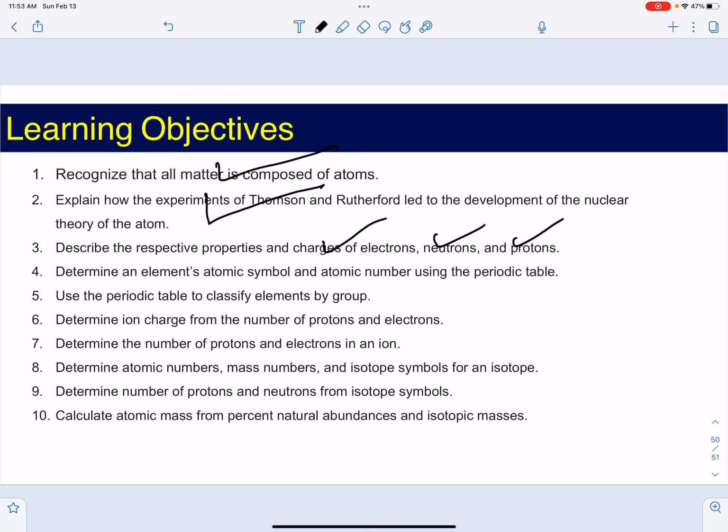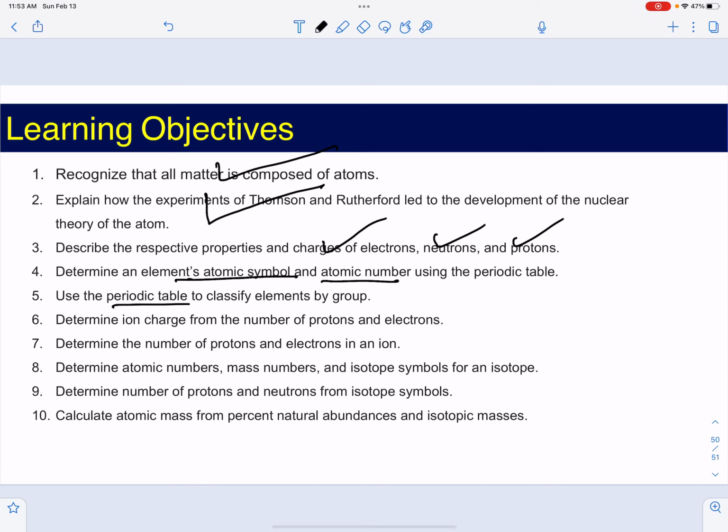Then we talked about how to find the symbol of an element on the periodic table, knowing that the atomic number on the periodic table is the same as the number of protons, and that the number of protons has to be the same as the number of electrons, unless we're talking about an ion. A cation would be one that is lacking electrons, so more protons than electrons, which is going to be positive. And an anion is going to be one that has more electrons than protons, which is going to be negative.